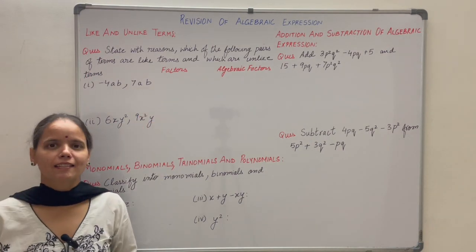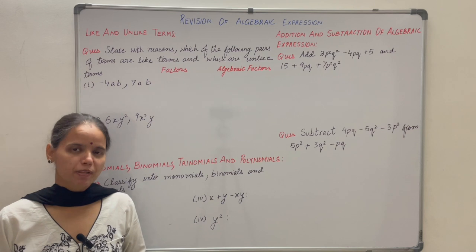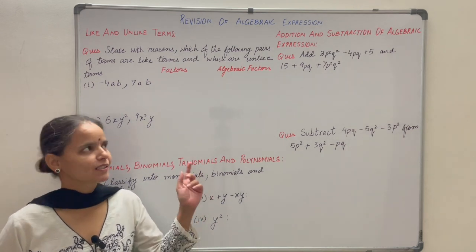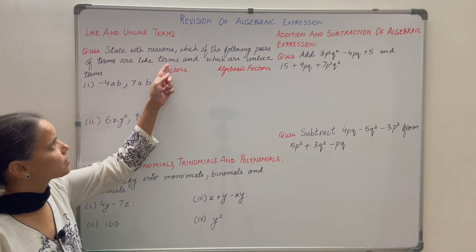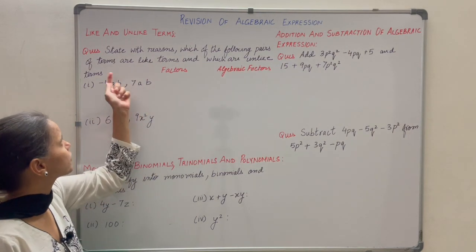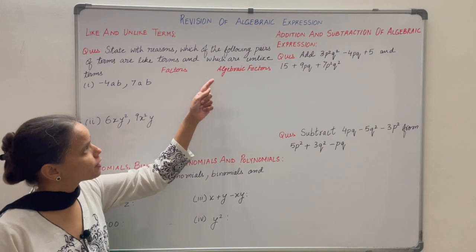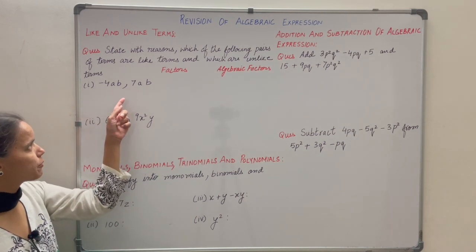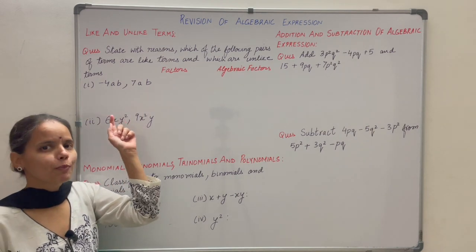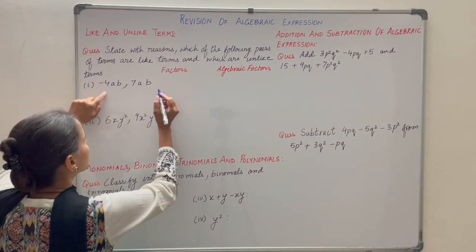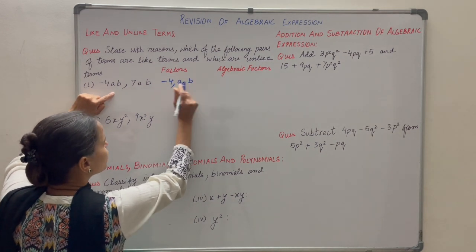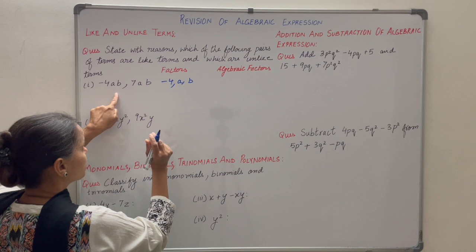Like and unlike terms. Like terms have the same algebraic factors. Unlike terms have different algebraic factors. Let us take this question. State with reasons which of the following pairs of terms are like terms and which are unlike terms. So here the first pair is minus 4ab and 7ab. For minus 4ab, the factors are minus 4, a and b. When you multiply this, you get minus 4ab.